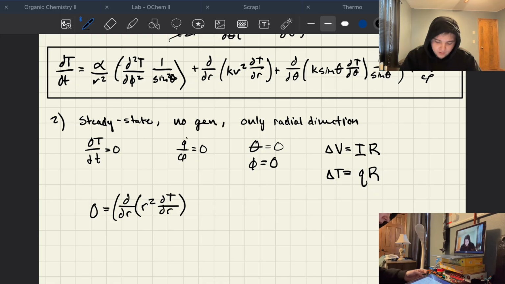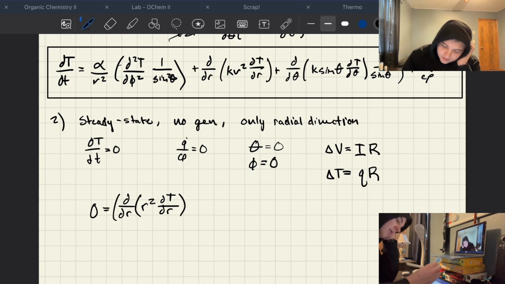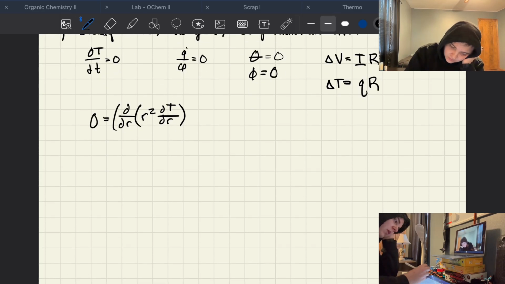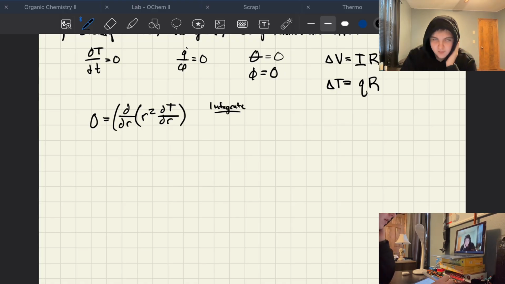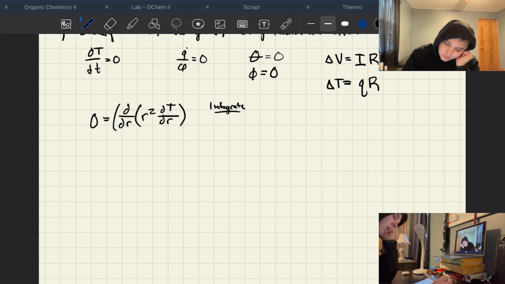Okay, cool. So we need to integrate again. Once we integrate, we'll have r squared dT/dr plus c1 equals 0.